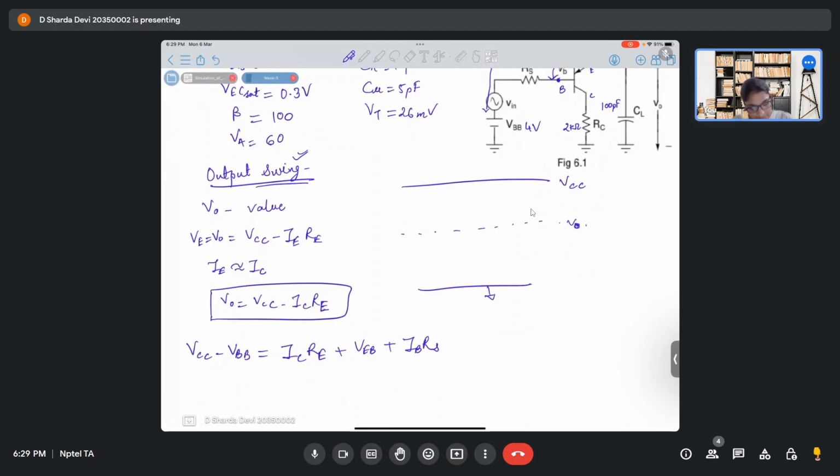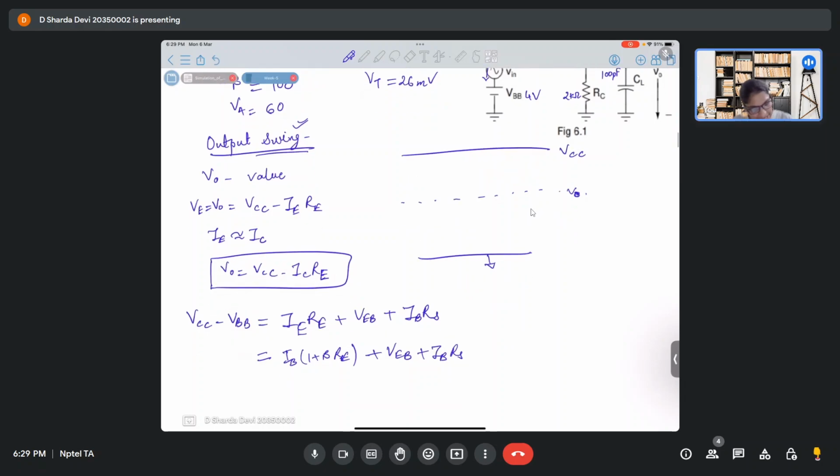We can consider IC or IB depending on your wish. If we take it as IB, it will be IB times (1 plus beta) RE plus VEB plus IBRS. If we take it as IC, then it will simply become IB into beta into RE plus VEB plus IBRS. Both ways we can proceed.